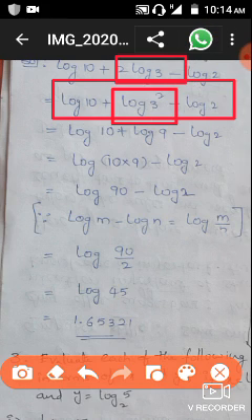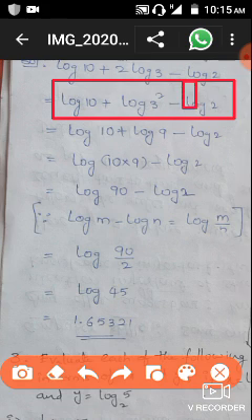Log 3 power 2 we can write from the formula log a power m equals m into log a. Next, log 2 as log 2.